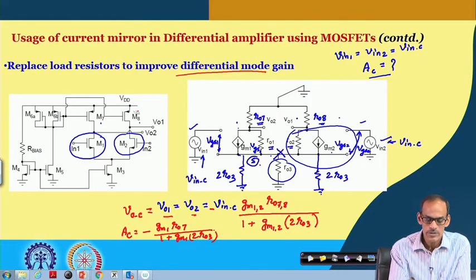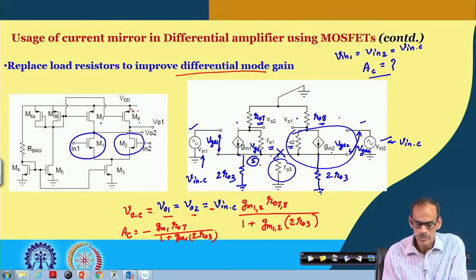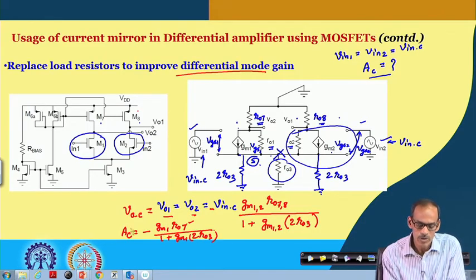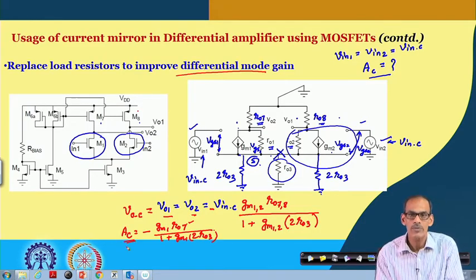So, by replacing these two transistors, what we are getting is that the common mode gain, of course, got increased compared to the original circuit, but the differential mode gain is also getting increased. So, this increase of the common mode gain may not have any drastic effect, as the differential mode gain is also getting increased.